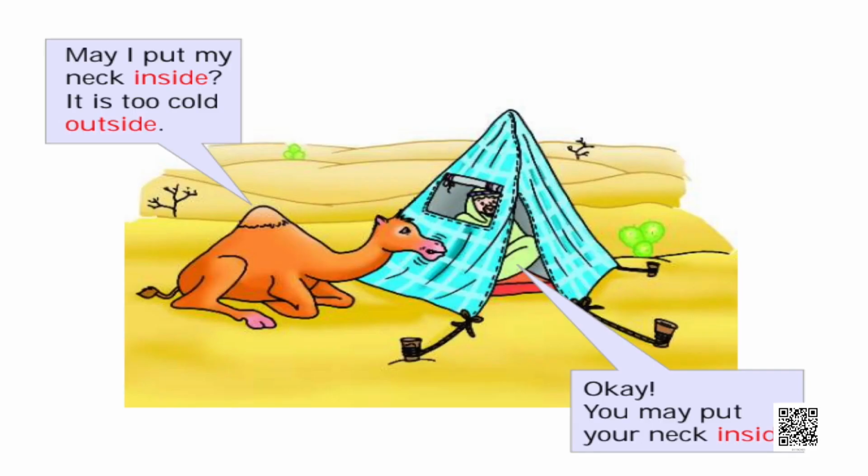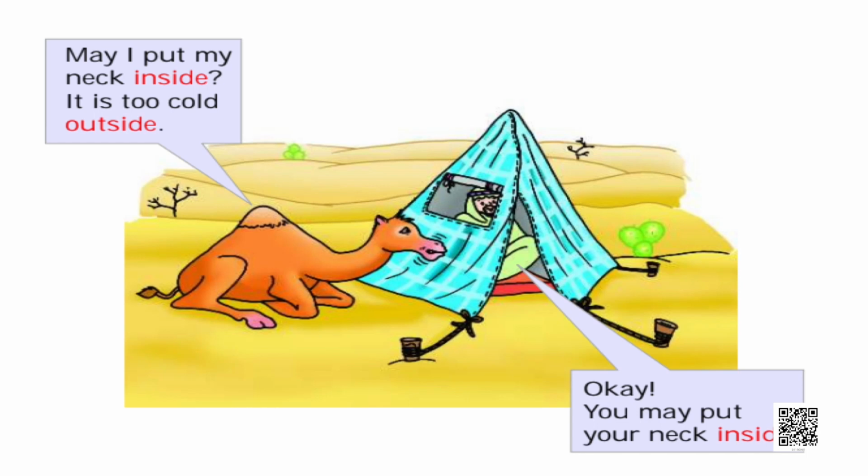The camel was outside and the camel said, "May I put my neck inside the tent? It is too cold outside." The Arab thought, okay, it is about the neck only, so you may put your neck inside. Then the camel put his neck inside.